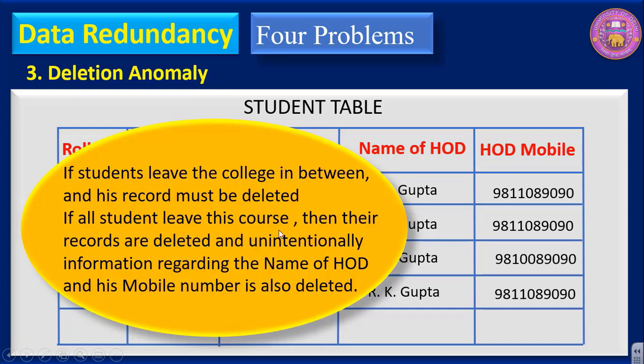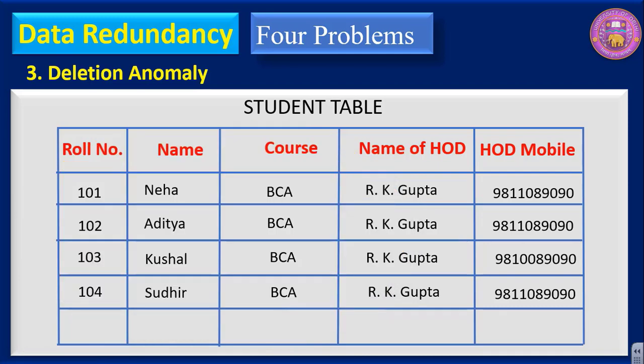If all students leave this course, then their records are deleted and unintentionally the information regarding the name of HOD and his mobile number is also deleted, which we don't want. So this is termed as deletion anomaly. We are deleting the information of student, but accidentally the name of HOD and the HOD mobile also get deleted.